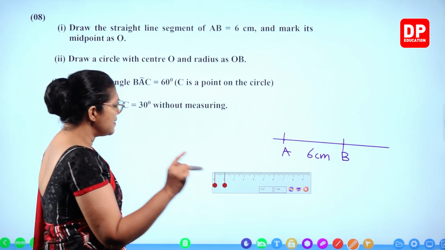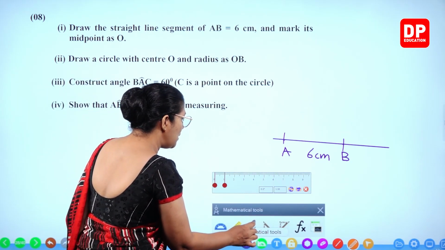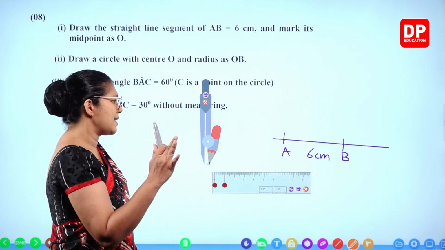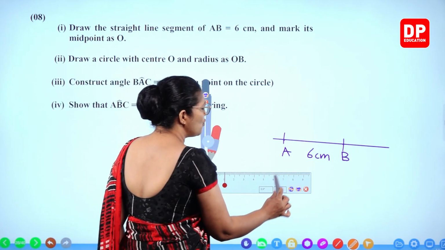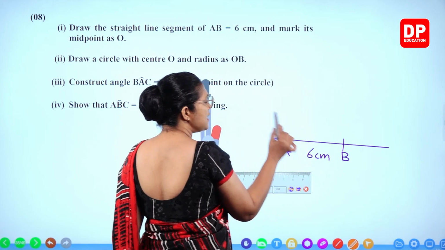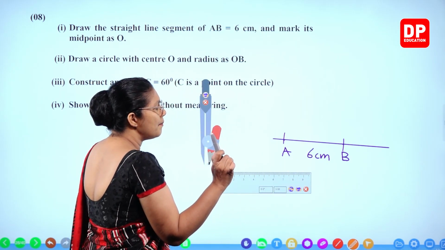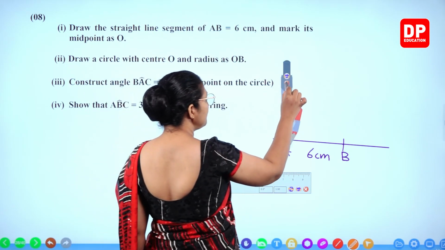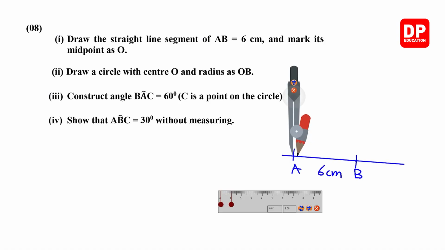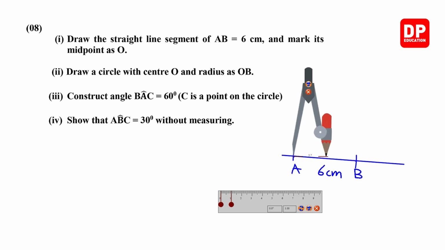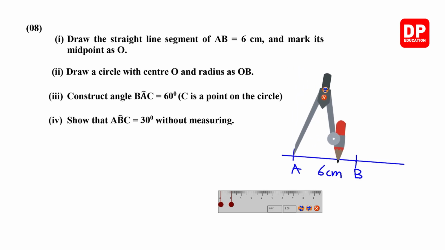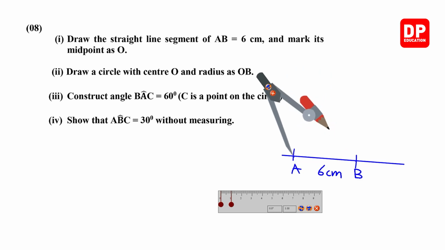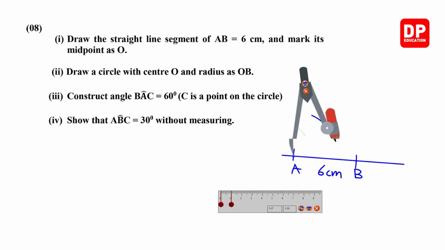So what is the easiest way to find the midpoint? You can draw the perpendicular bisector. Don't try to use the ruler and measure 3 centimeters to mark the midpoint. The best thing is to construct the perpendicular bisector to get the midpoint. So you take more than half of the length AB, and then you can draw an arc above.